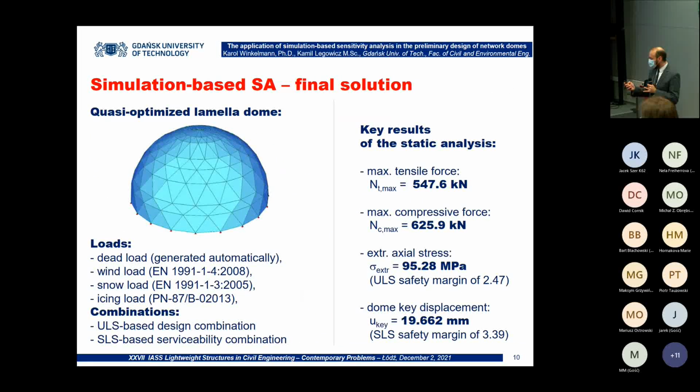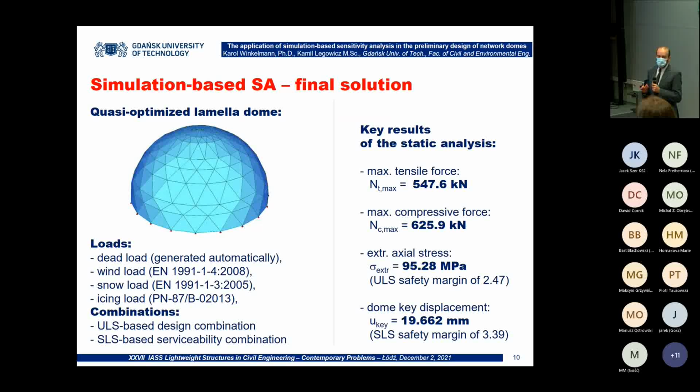And as you can see, for this quasi-optimized dome, every tensile force, every compressive force was observably lower. The actual stresses are lower and the safety margin increases, and the safety margin of the serviceability limit state, which is crucial in domes, by the way, is also elevated.